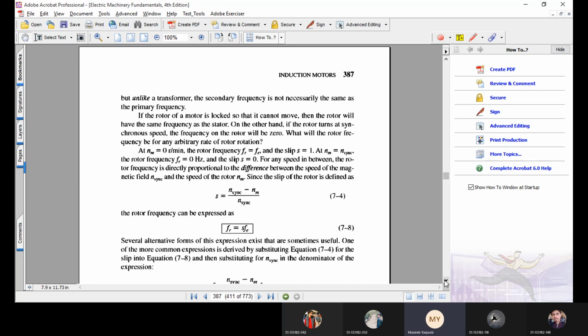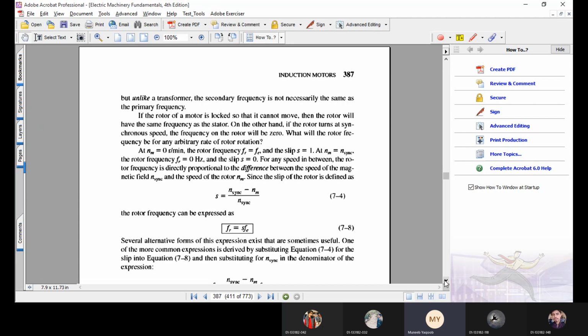But when the rotor starts rotating, the relative motion becomes less and less as the speed of the rotor increases. And eventually when the rotor approaches maximum or synchronous speed, the relative motion becomes zero and the frequency at the rotor becomes zero.